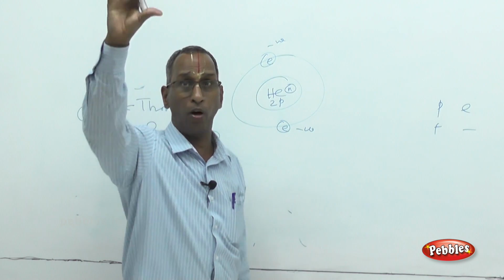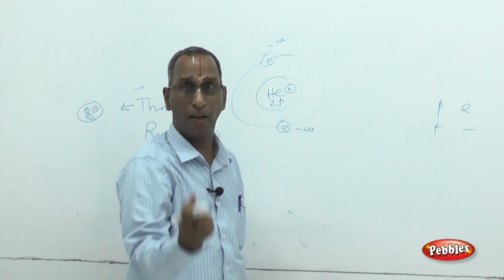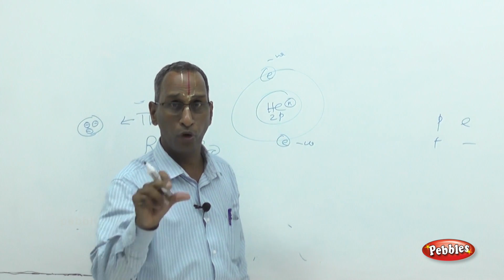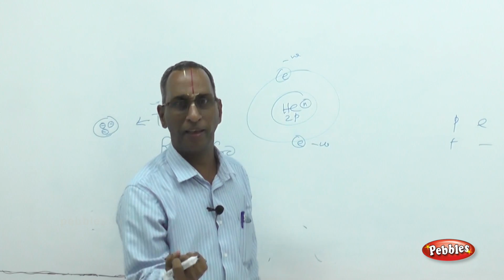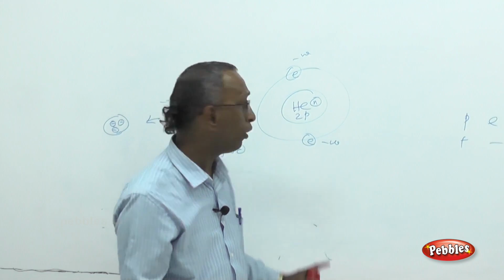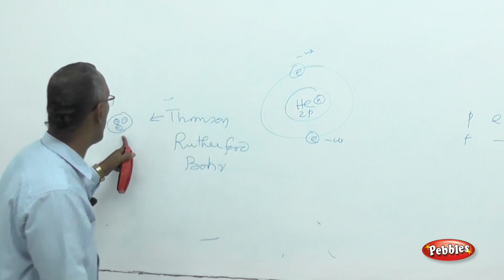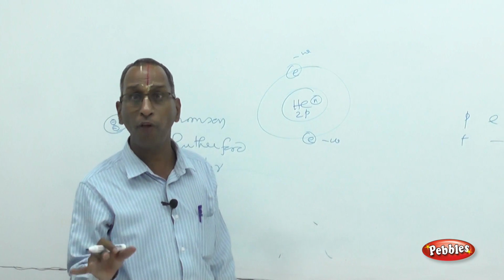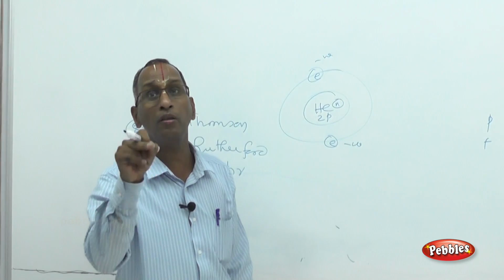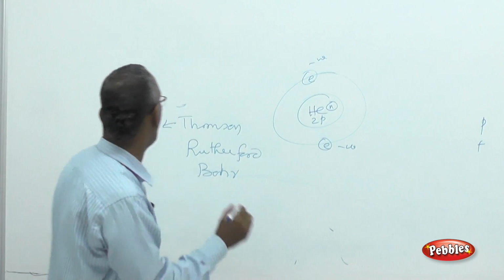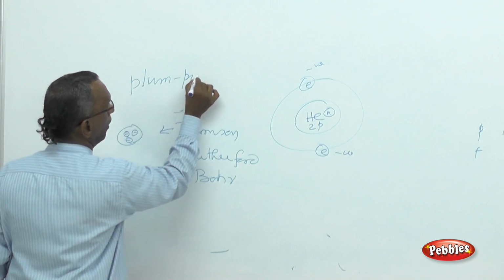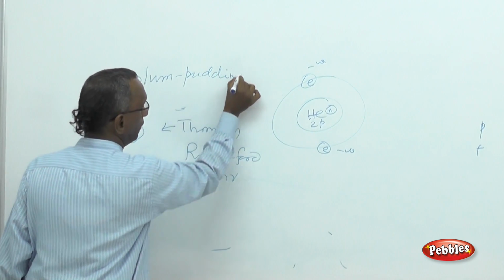You can see the clouds, but you cannot catch them. They have some mass, but the mass is so negligible. So he described the atom as a cloud of positive charge into which negative charges are embedded. This model is called the plum pudding model.